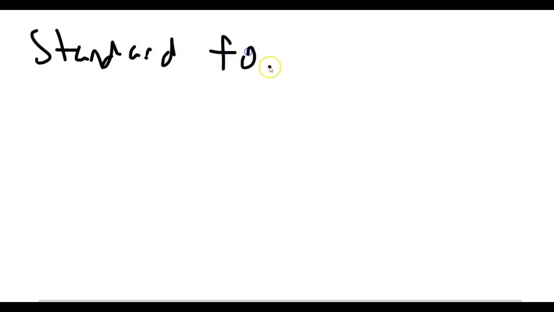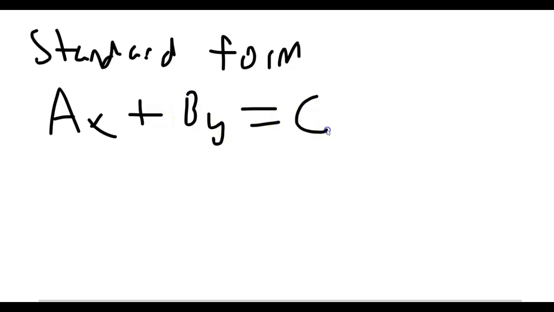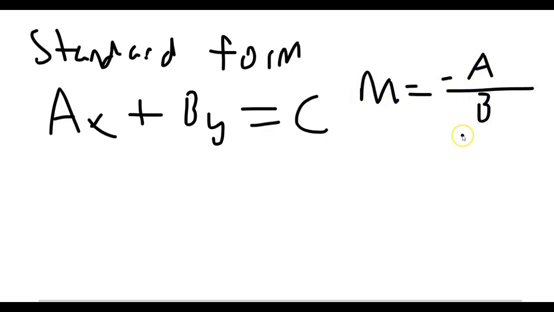And then there is standard form. Standard form is ax plus by equals c. Let me tell you how you get slope here. m is equal to minus a over b.